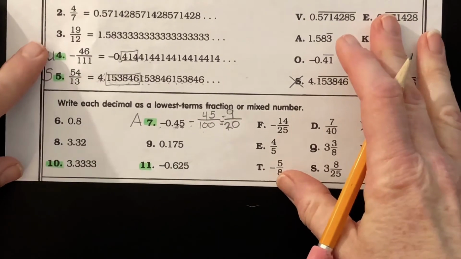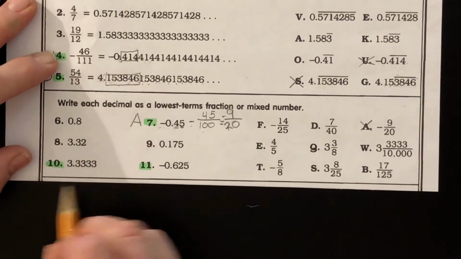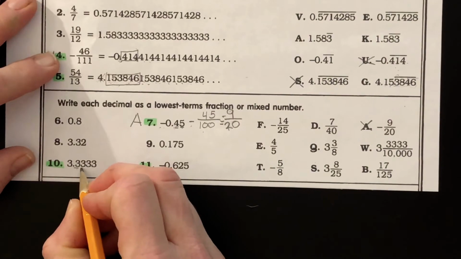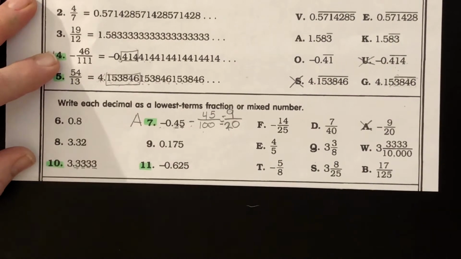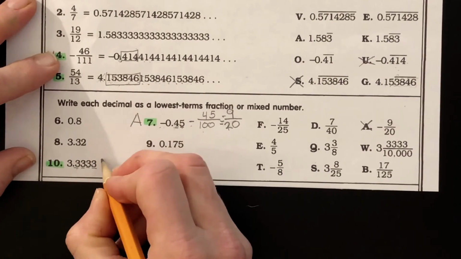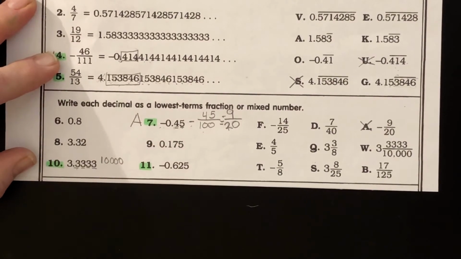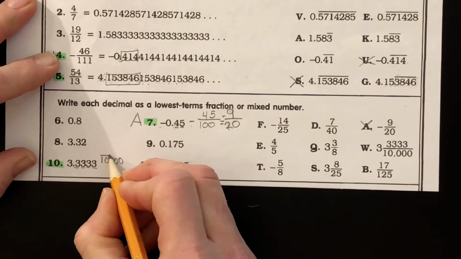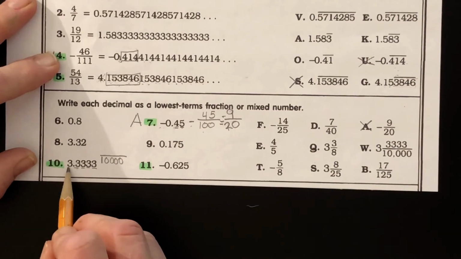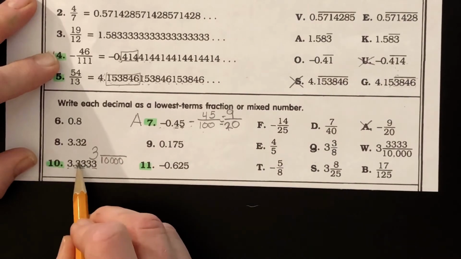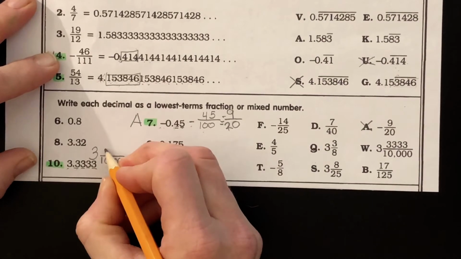Let's move on to number 10. See, how many 3s do we have after the decimal? 1, 2, 3, 4 3s after the decimal. So I'm going to put 1, 2, 3, 4 zeros. That's a big one. We have a whole number, 3. And 4 3s.